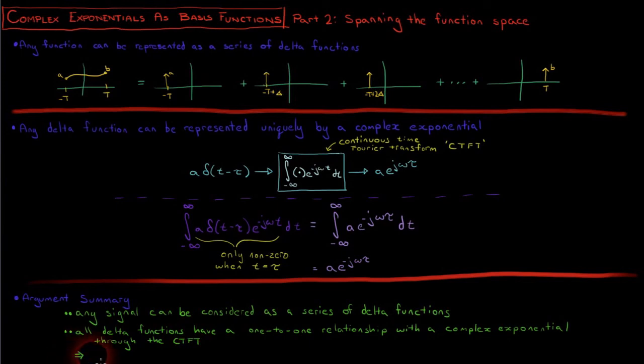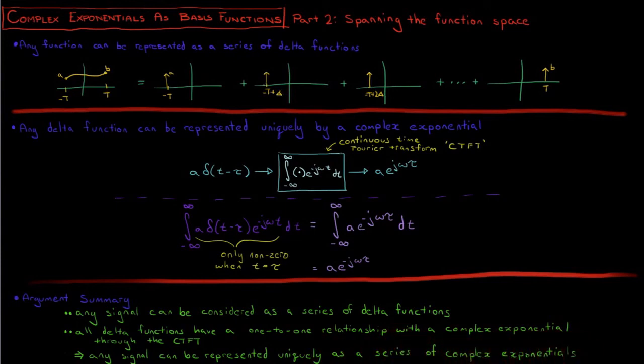Therefore, any signal can be represented uniquely as a series of complex exponentials. What we are doing is changing our viewpoint of the signal. We are looking at signals in terms of complex exponentials instead of in terms of a series of points. We are just translating an idea from one language to another.